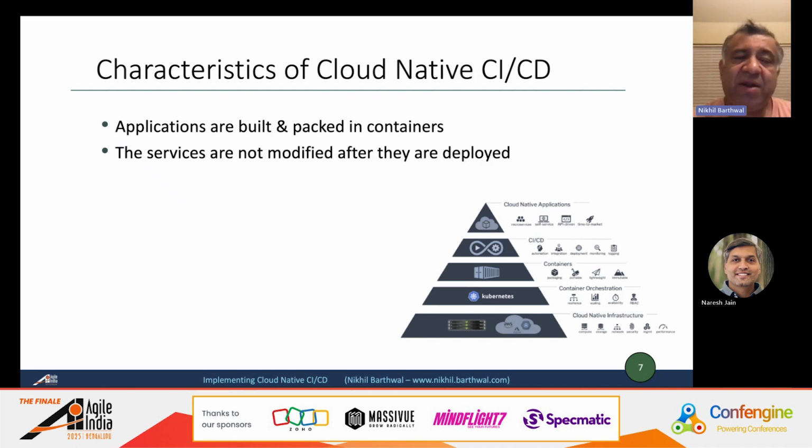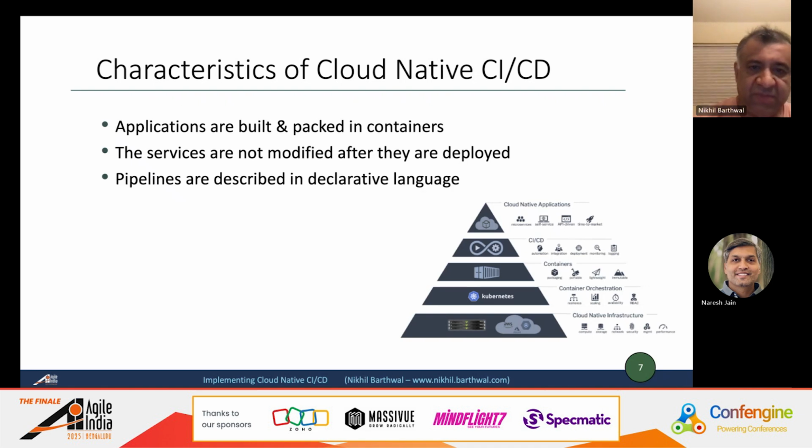Services follow a pattern we call immutable infrastructure. Once they are deployed, they are not modifiable. Pipelines are described in declarative languages. We'll see some examples, but essentially at scale we don't want a prescriptive approach where we detail the steps of what we need to do.